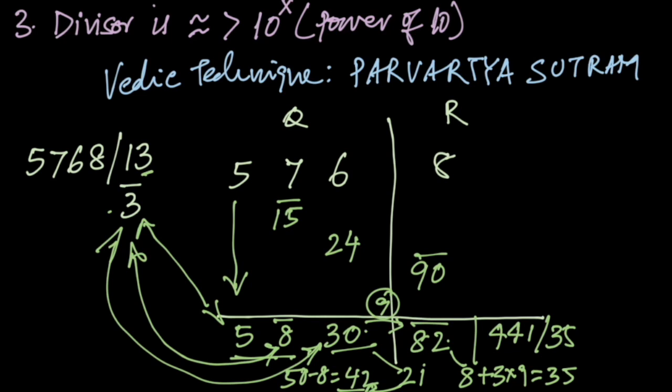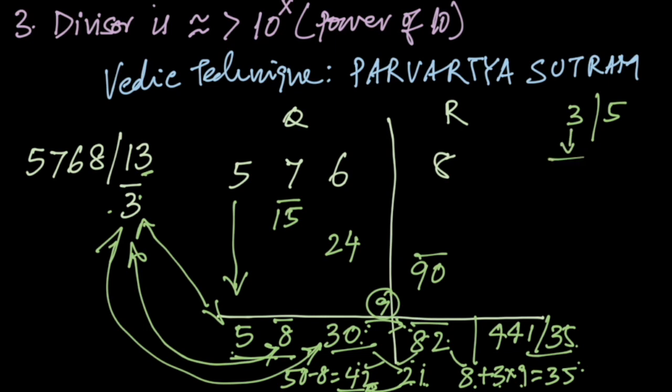And 9 has moved from the quotient to the remainder side. So we have to multiply 9 with the 3, which is the difference between 10 and 13, and add to 8. So we have 35 here. So our numbers are now 42, 21 on the quotient side, and on the remainder side 35. So 42 and 21 means 441, because we have to add this 2 and this 2 together.